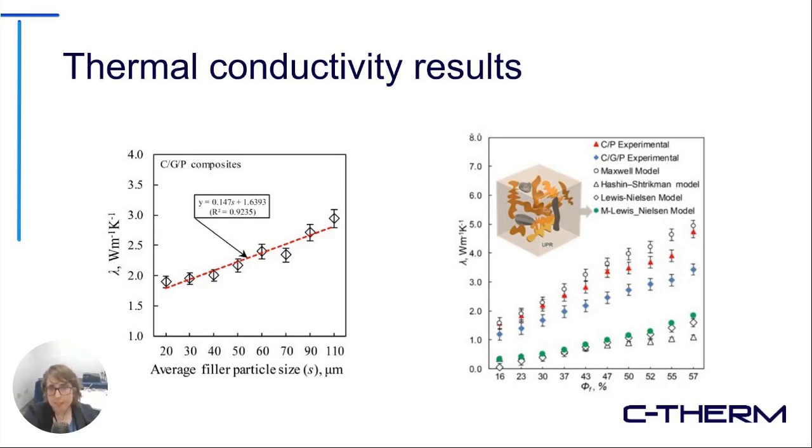You would expect to see this sort of a relationship between the average particle size and the thermal conductivity. On the right-hand side of the slide, you can see where they've charted the thermal conductivity enhancement of two different types of composites and compared them with different thermal models to determine what type of model is best suited to reproduce these effects in a computer simulation.